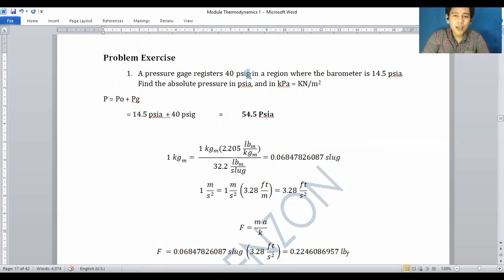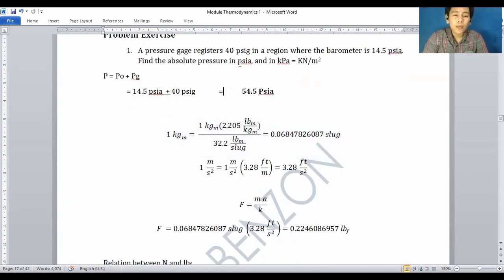The only difference is the G and the A. When we say psig, it is PSI gauge. When we say psia, it is PSI absolute. So we denote each unit by its equivalent pressure. Therefore, 14.5 psi atmospheric plus 40 psi gauge is equal to 54.5 psi absolute. So we already come up with the answer. Letter A is 54.5 psia.